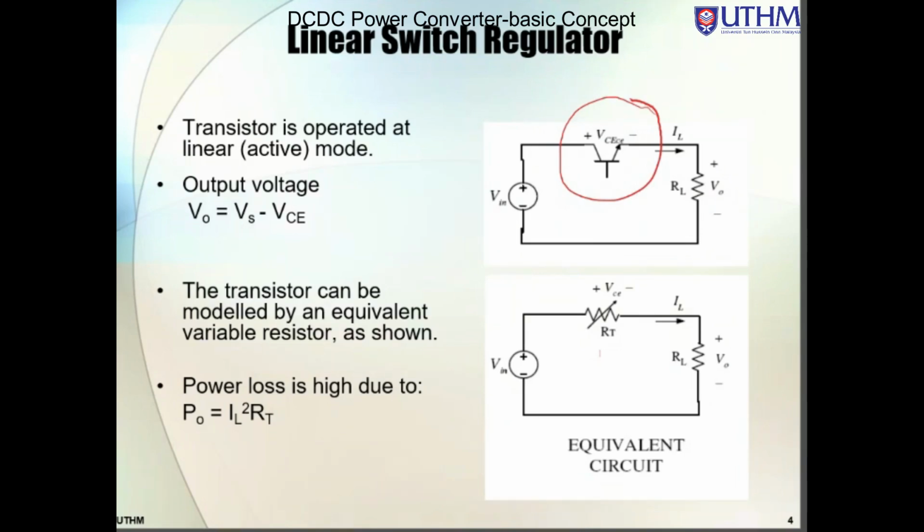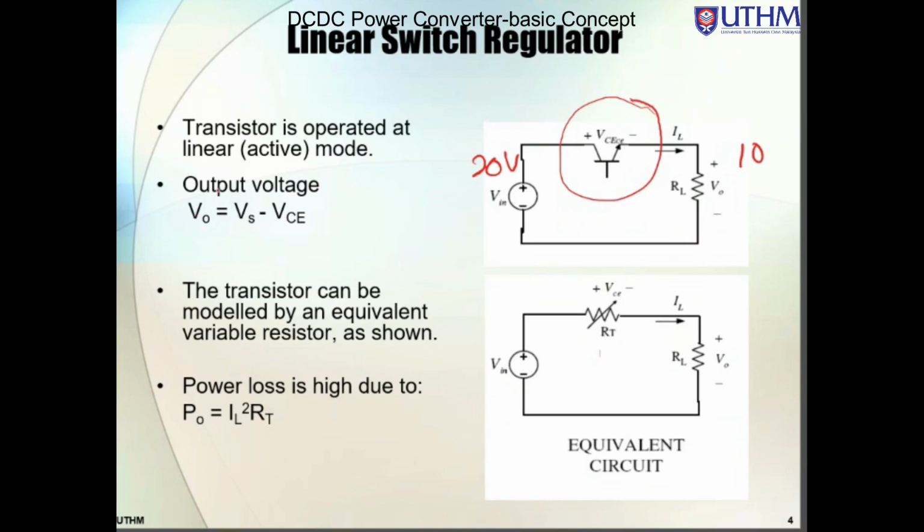For example, if input is 20 volt and output is 10 volt, that means the switch on cycle and switch off cycle of the switch can be half, right? 50% on and 50% off. Then we will get output. Our output is half lah.